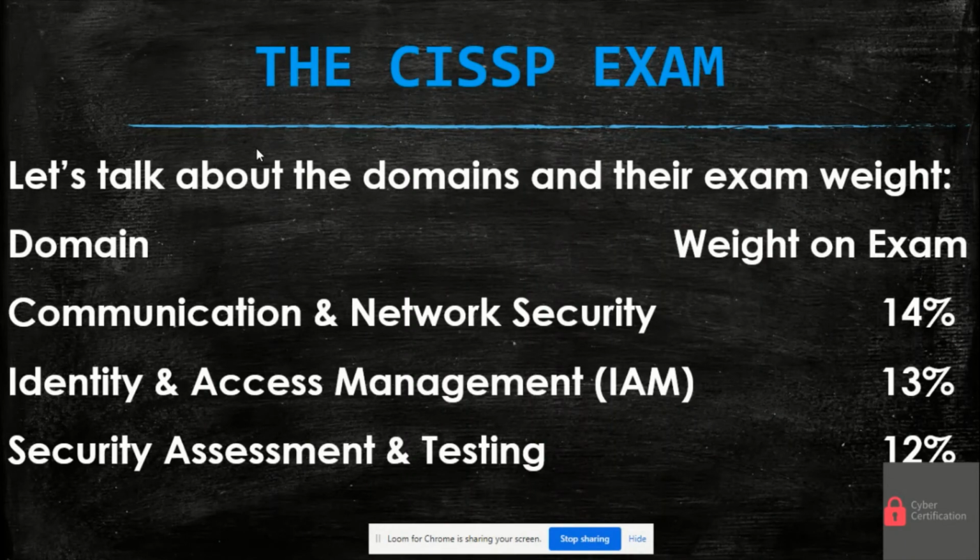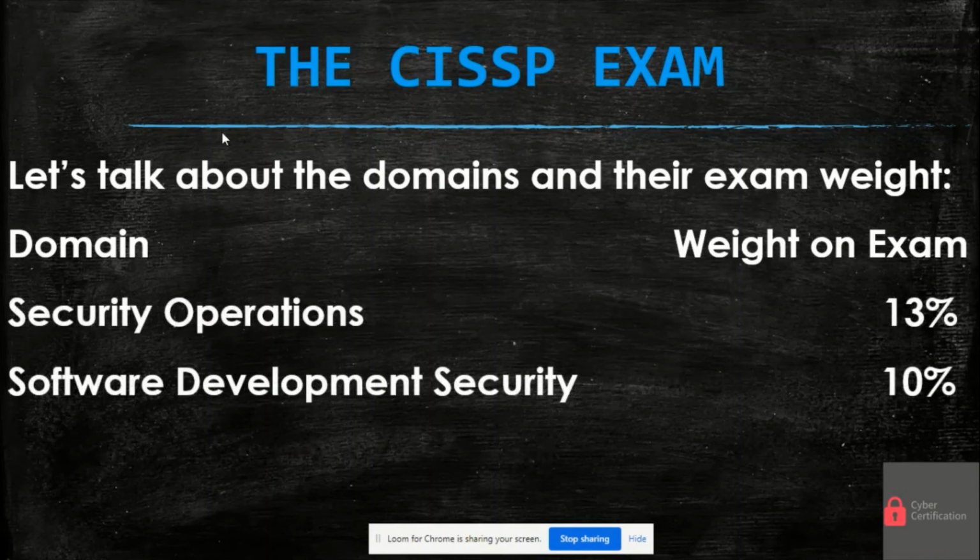Domain 5, identity and access management, has a weight of 13%. The sixth domain, security assessment and testing, has 12% weight. The seventh domain, security operations, has 13% weight, while the eighth domain, software development security, has 10% weight on the exam.